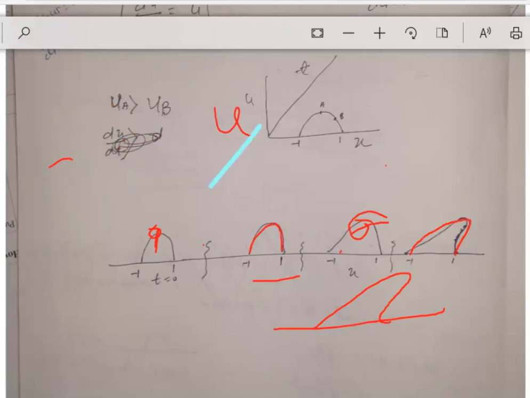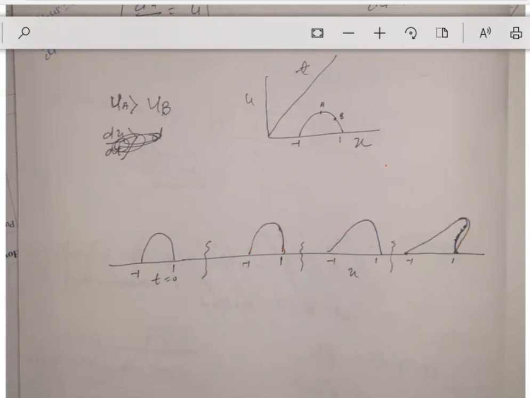So if the system is nonlinear, then velocity may depend on the amplitude of the wave, and if this is the case, then after a certain time the wave will break. Okay, so this is the effect of nonlinearity.